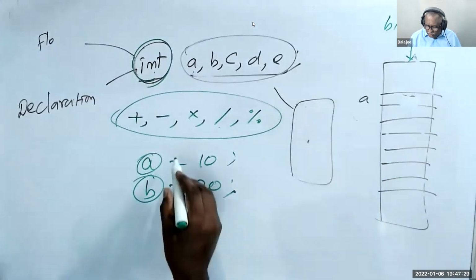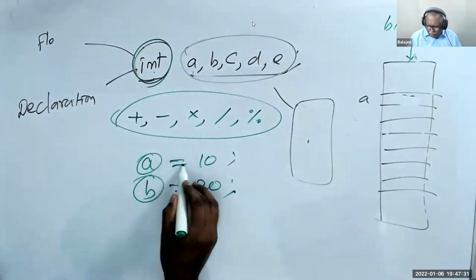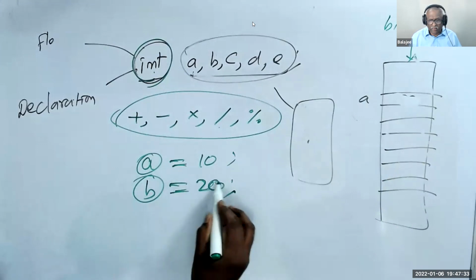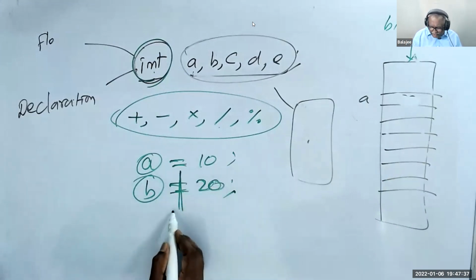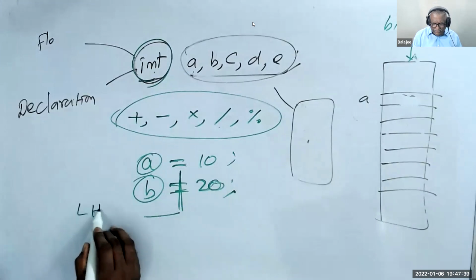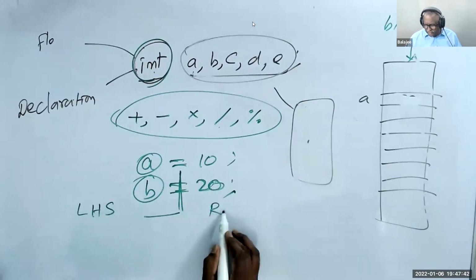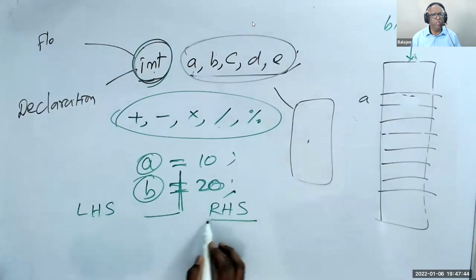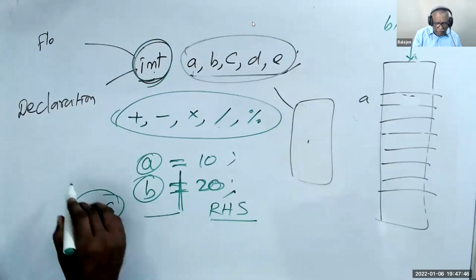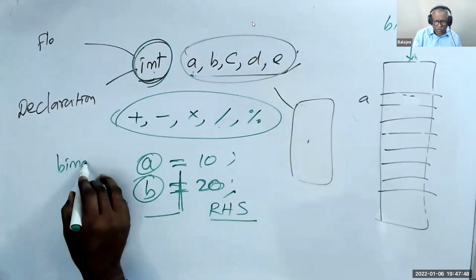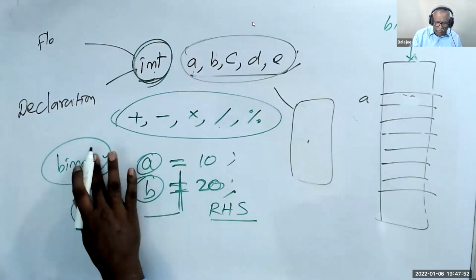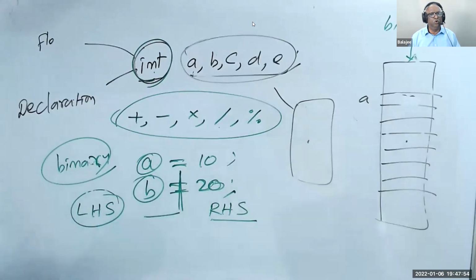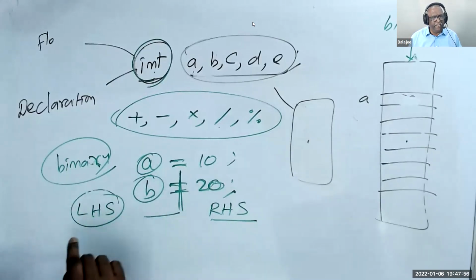So when you say A equal to 20, B is equal to 20, we take equal to as reference. On the left side is called LHS, left hand side. This is called RHS, right hand side. The LHS side is always binary. That's why binary is stored here. So please understand, LHS is binary.